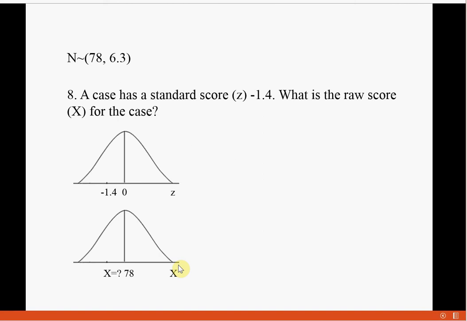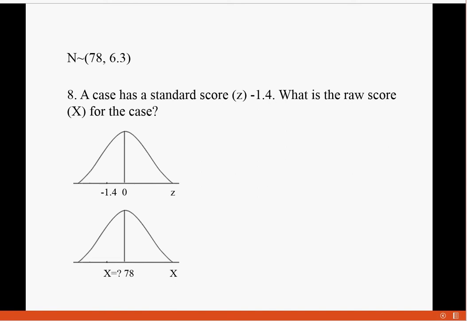When you convert all variable values of x into z-scores, this is the resultant distribution of z-score. What we know now is the converted value. After we convert the value of x into a z-score, the z-score is negative 1.4. How do we obtain the original score for variable x? So that is the question.